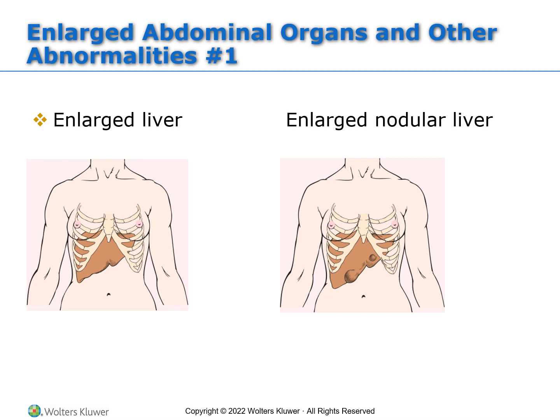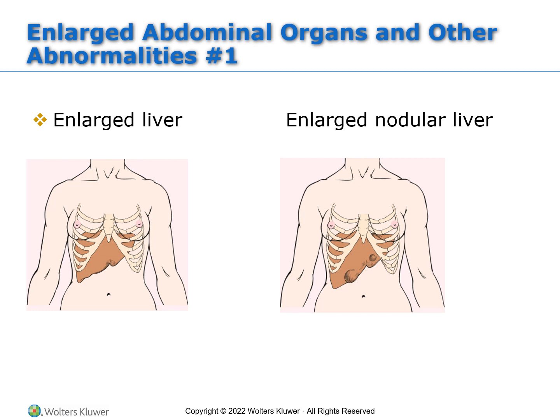On the left, we see an enlarged liver, and on the right, we have an enlarged nodular liver. The enlarged liver, also known as hepatomegaly, is defined as a span greater than 12 centimeters at the mid-clavicular line and greater than 8 centimeters at the mid-sternal line.